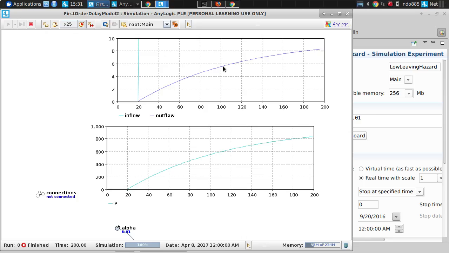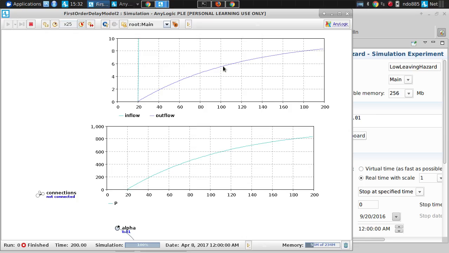If I look at this top graph, however, for every one of these cases, what's the equilibrium value of the outflow? It's the inflow. A first order delay, regardless of alpha, the outflow is trying to approach the inflow. It's trying to get there. Now, in order for that to happen, the stock, for different alphas, will have to be at different levels.